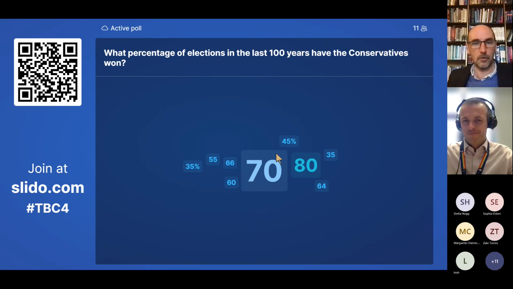You can see 35, 45, 55, 60, 66, 70, all the way up to 80. And actually, the answer across the 26 elections since 1923 was 58%. So well done if you came close to that.